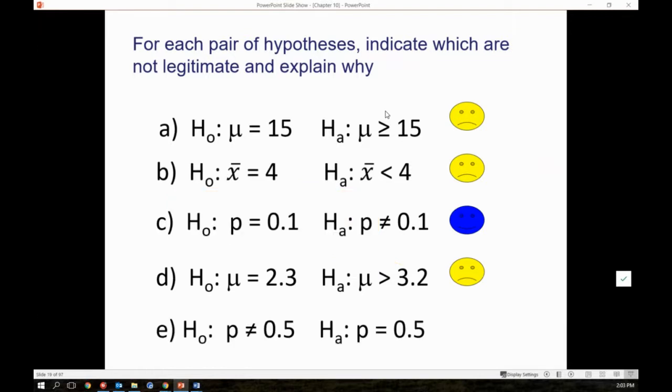And the last one. That's right. What is it? So it's no because the null says not equal. Remember, it can only be equal, greater than or equal, and less than or equal. If it's not equal, then it's gotta be over in the alternative.